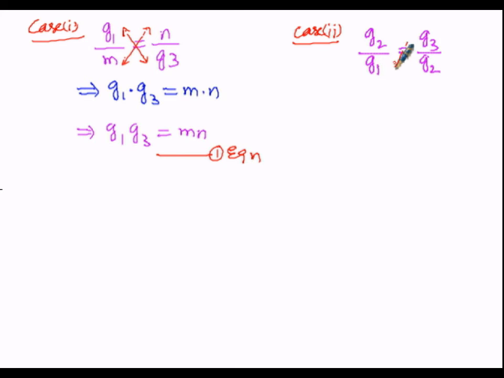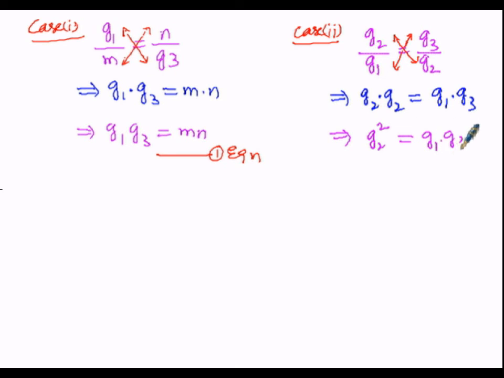By cross multiplying, the next logical step will be G2 into G2 equals G1 into G3. Here G2 raised to the power of 1 and G2 raised to the power of 1, so the bases are the same and the product rule applies. The exponents must be added, 1 plus 1 is 2, so G2 into G2 equals G2 square, just as x into x is x square. So that is equal to G1 into G3. In this manner I got the second equation.